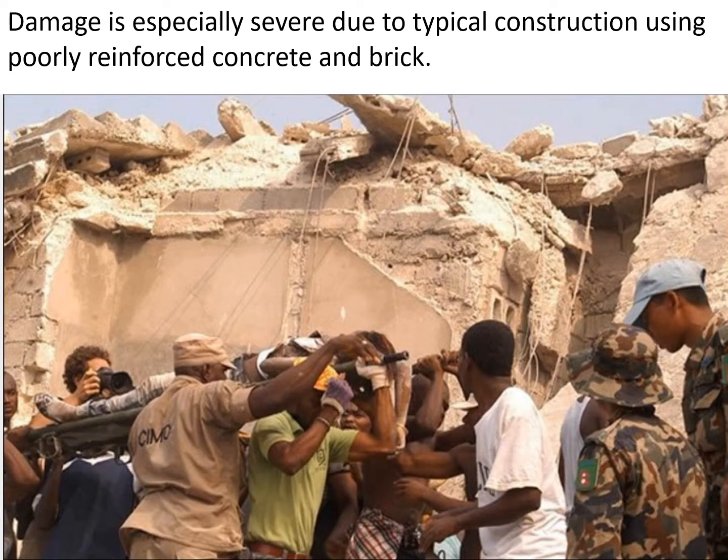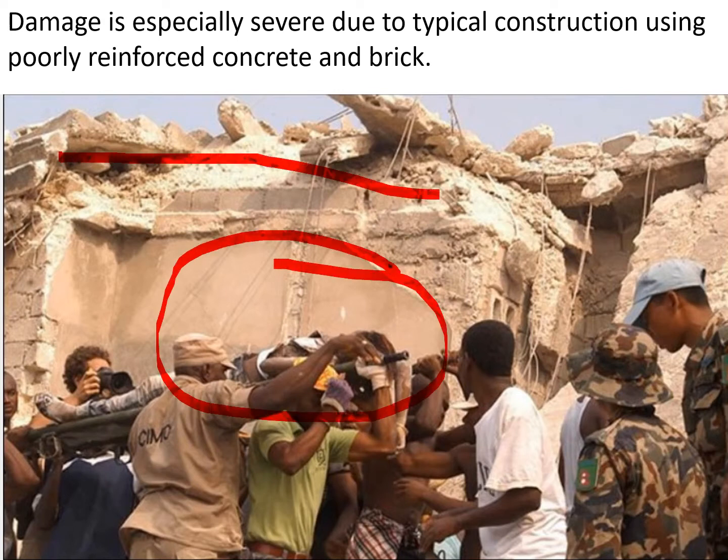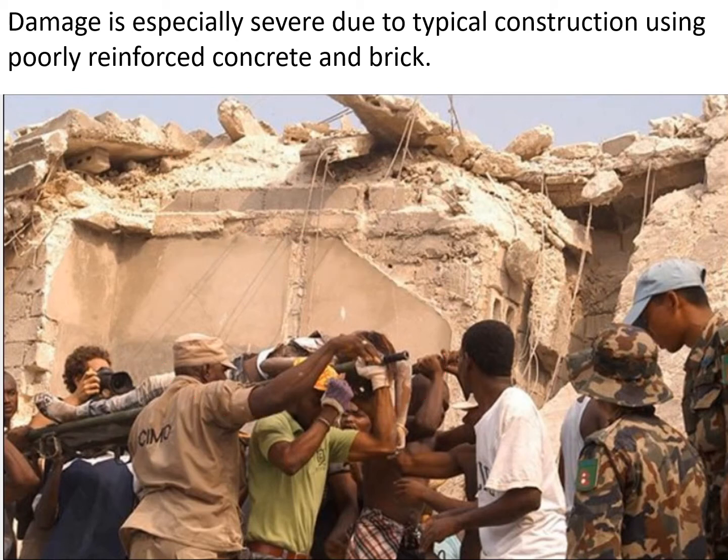So first off, if we imagine that this is the ground level, this would be the 2nd story. There's at least a 3rd story going up further than that, but again, it's all crumbled and just gone. Now, this can be very deadly to anybody inside a building like this that is collapsing.